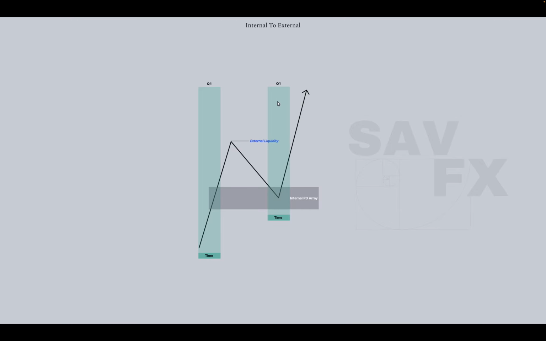Whereby now you can have the current Q1 time range do an internal distribution low to target an internal time-based PD array that formed within a similar cycle at the exact same time, right? This does not only apply for Q3, meaning it applies for all quarters, right? Whereby now Q1 revisits Q1 and then reacts, right? Q2 revisits Q2 and then reacts, right?